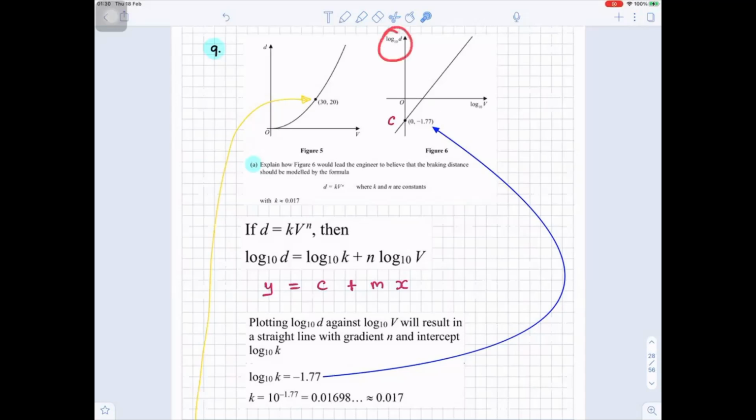So the intercept, log k, is minus 1.77. If you follow that blue line there, minus 1.77. So that means 10 to the power minus 1.77 will give you k to be 0.017. So that is how you can show that that figure can be represented as a straight line.